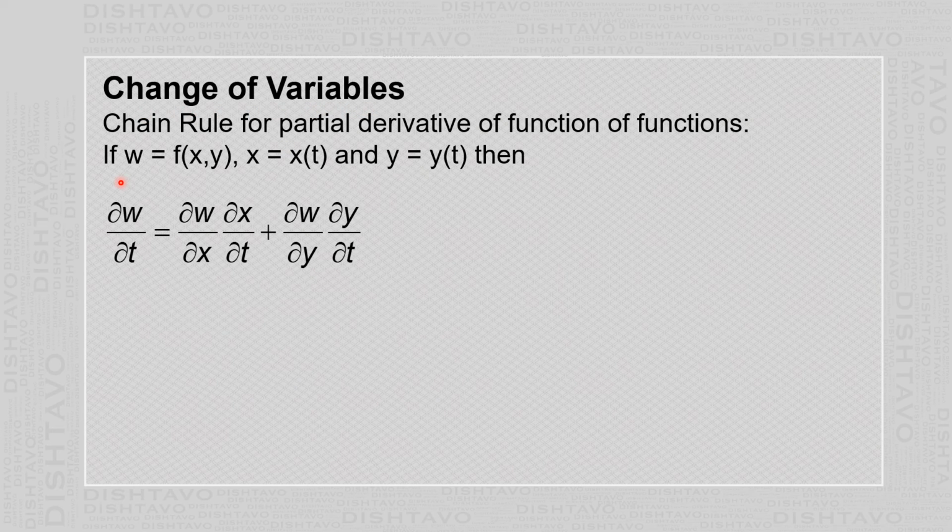For example, if w is a function of x, y, and x is a function of t and y is also a function of t, then the chain rule to find the derivative of w with respect to t is ∂w/∂t equal to ∂w/∂x into ∂x/∂t plus ∂w/∂y into ∂y/∂t.